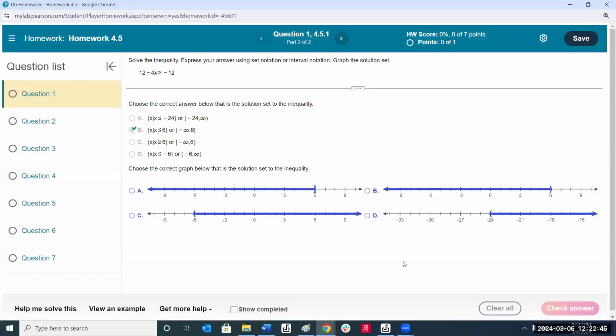Continue. There's another part. Oh, okay. So we have a bracket on 6. It's an equal to. So it can't be B. It can't be C because we're in the wrong direction. So it has to be A.